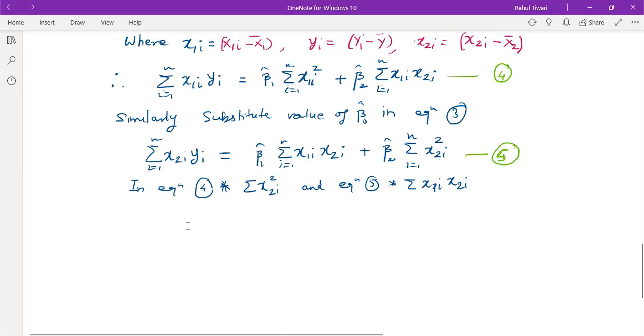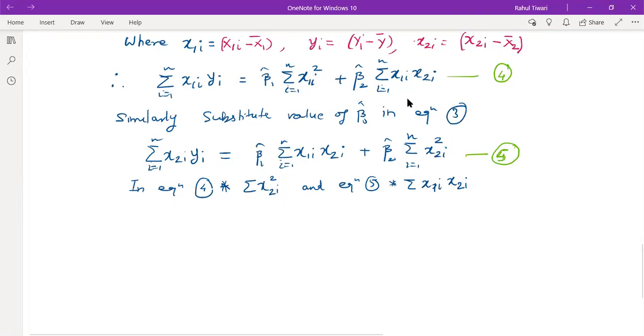So if I multiply equation number 4 by this quantity x2I, what will be the expression?